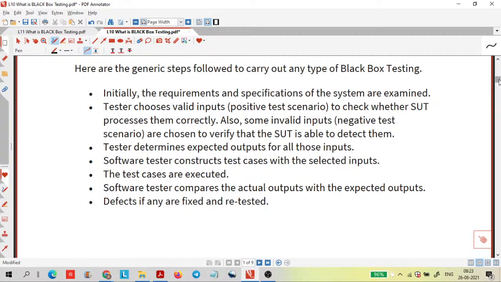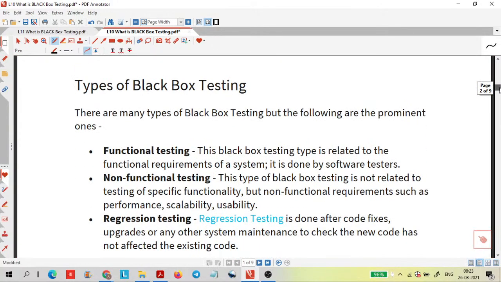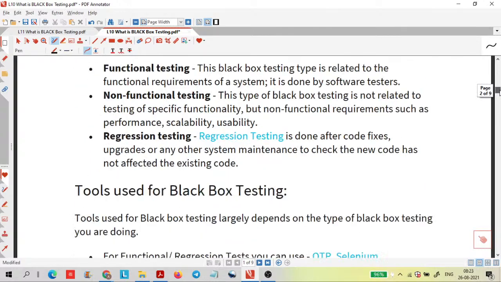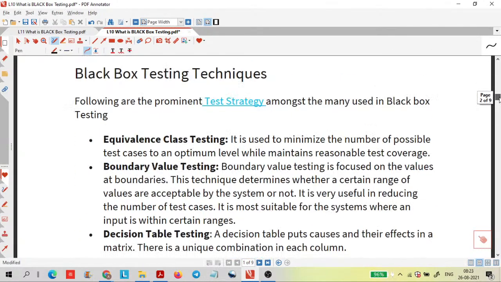Here we discussed types also, like functional, non-functional, regression testing. These are the different types of black box testing, and these are the techniques: equivalence class partitioning, boundary value analysis, and decision table testing.